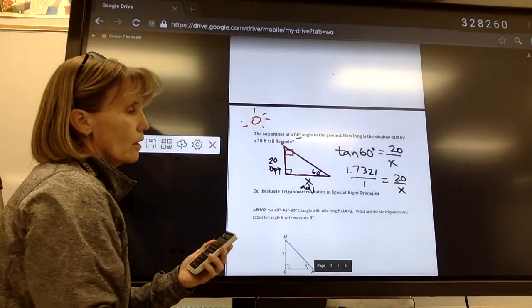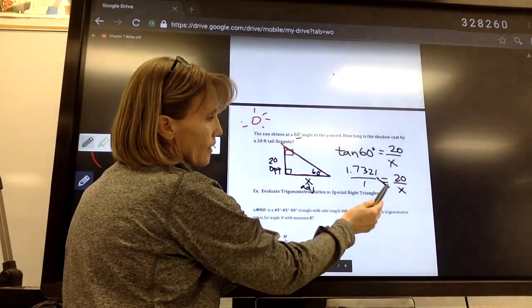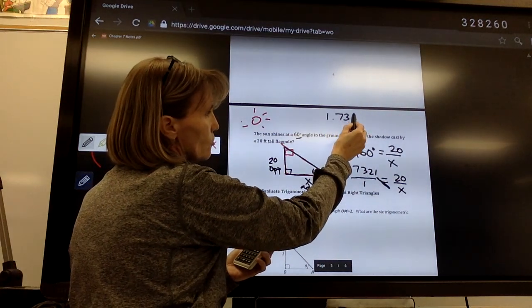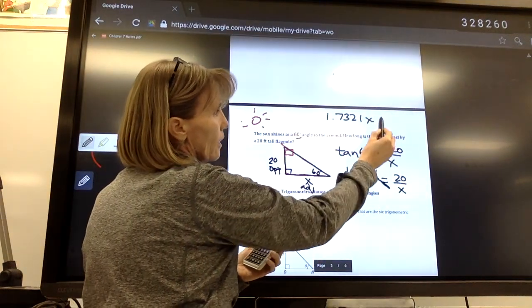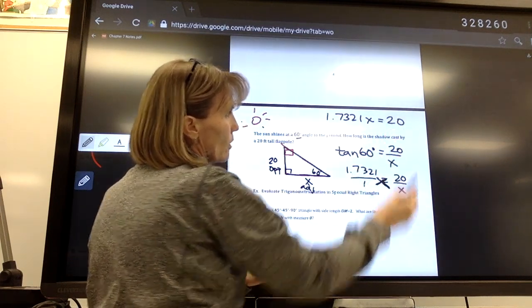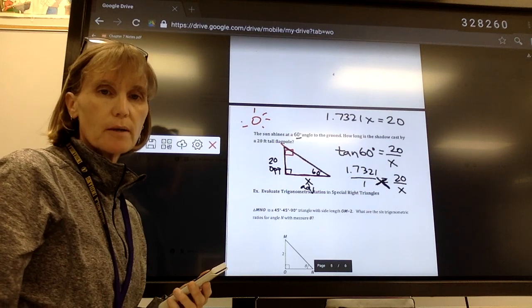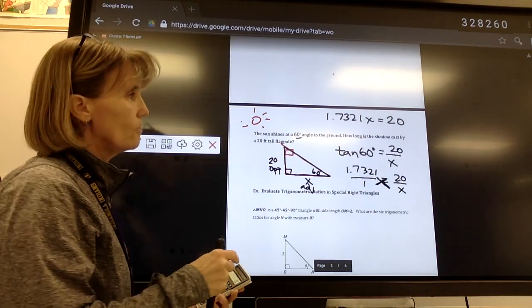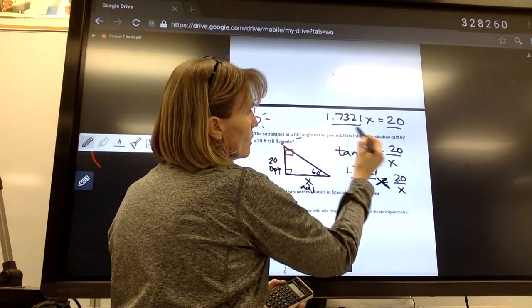When I solve this, I'm going to take that decimal times x. So I'm going to have 1.7321x equals this product, 1 times 20. How do you solve and get x by itself? Well, you're going to divide. You're going to take 20 and divide it by this decimal.